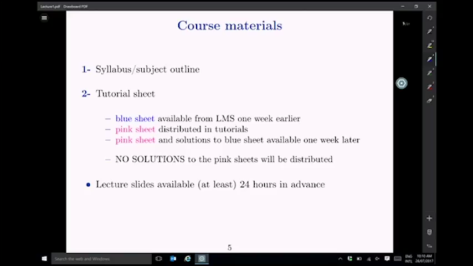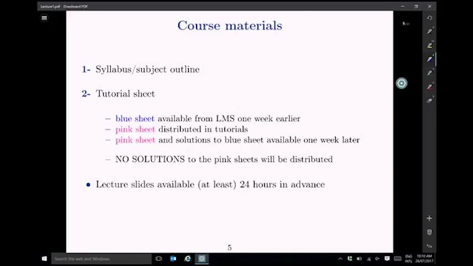The other part of the subject is the tutorial. You have taken the 1st and 2nd year core subjects in economics. You know we have this so-called blue sheet, pink sheet system, or now we might call it the in-tutorial, pre-tutorial system. Some of you may or may not like it.